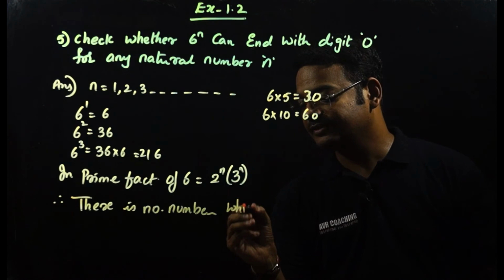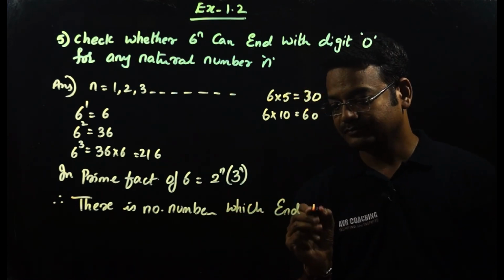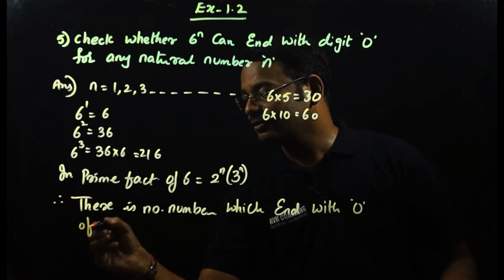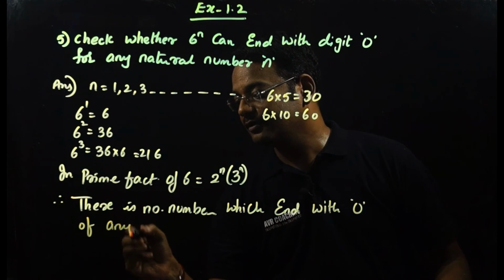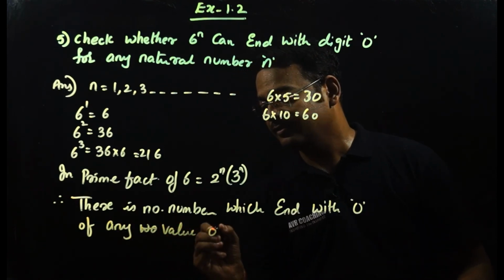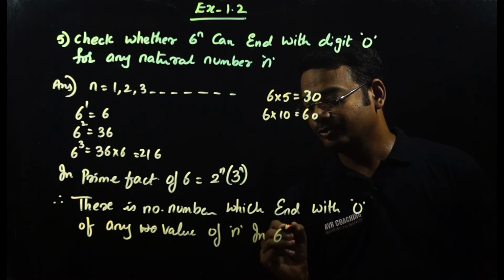Therefore there is no number which ends with 0 for any value of n in 6 to the power of n.